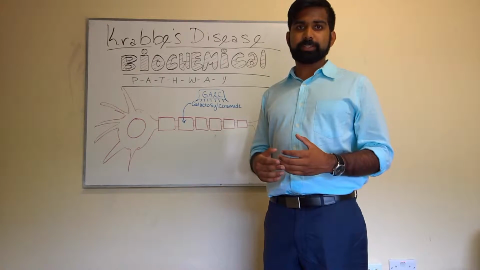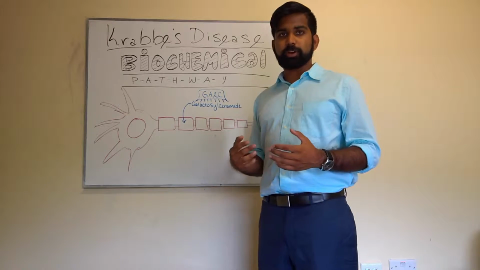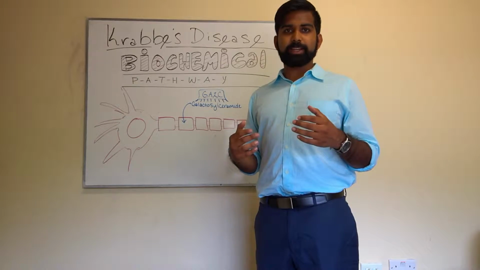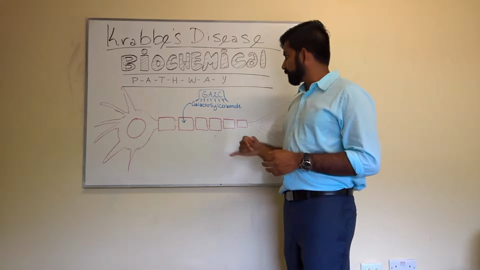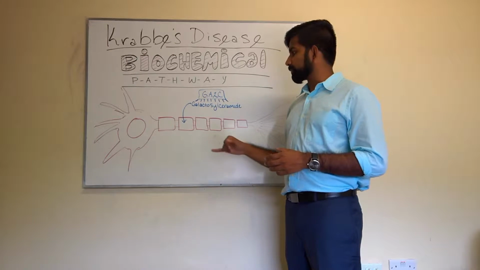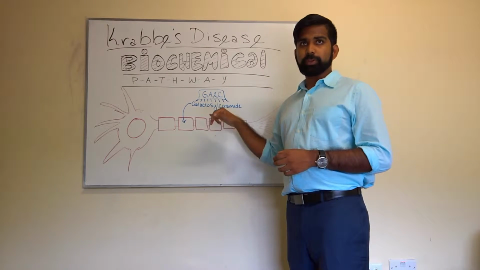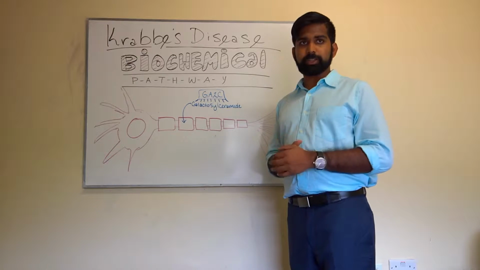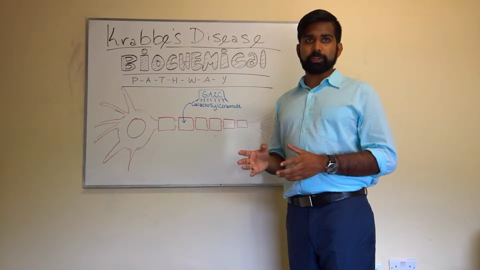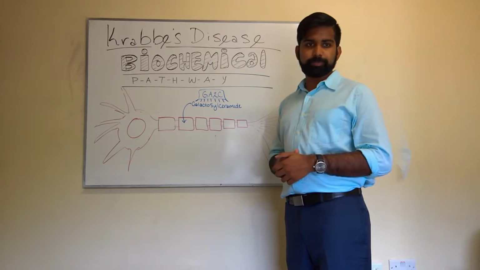When you have this enzyme deficiency, substrates accumulate, and these substrates are galactocerebroside and psychosine. When these substrates accumulate, this interrupts your axon myelin sheaths. When those are damaged or deficient, patients lose their motor functions, which is one of the symptoms of Krabbe's disease.